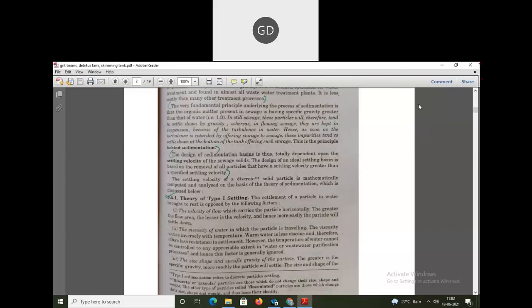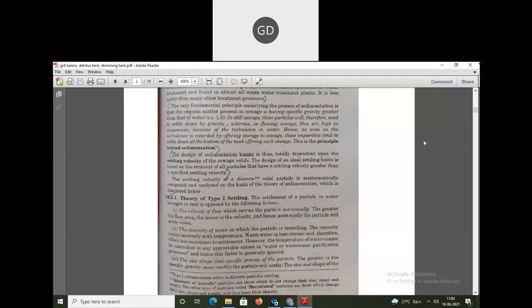So we know that the viscosity varies inversely with the temperature. If the water is warm or hot, then the water is less viscous. If the water is less viscous, then obviously it will provide less resistance to the settlement. It is just the inverse.